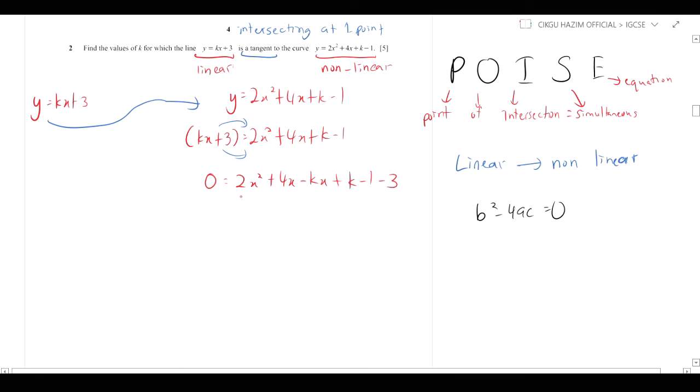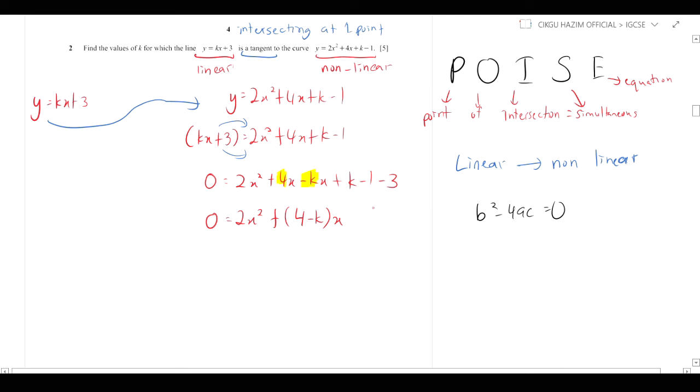Simplify, and not just simplify but also factorize the value so that you can identify which one is A, which one is B, which one is C. So 0 equal to 2x squared plus bracket 4 minus k x. Why 4 minus k? Because you can see this is positive 4, this is negative k, and both belong to x here.